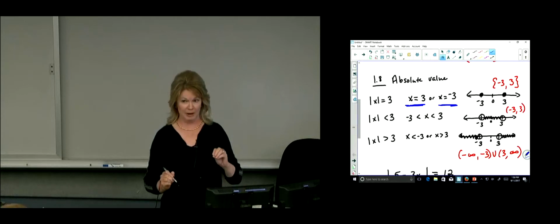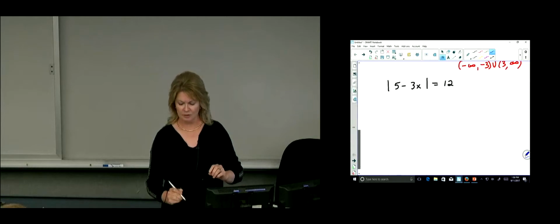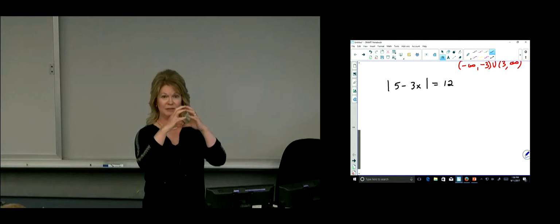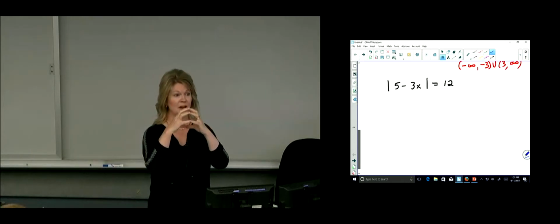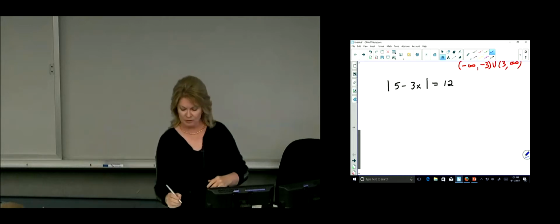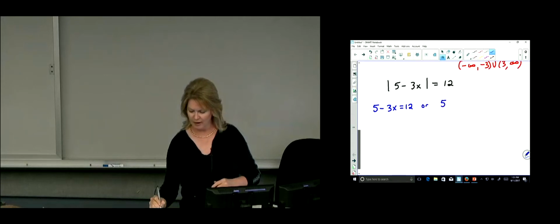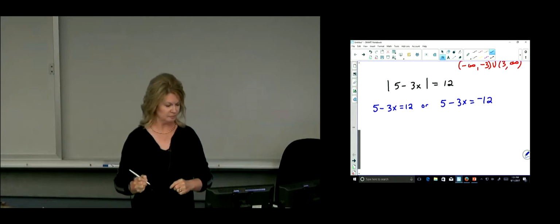Either it was equal to the +3 or it was equal to the -3. So you see, this absolute value will be true if all that stuff that's inside is equal to 12, it makes it true. And if all that stuff that's inside is equal to -12, it's also true. So I have two situations. 5 minus 3x equals 12, or 5 minus 3x equals -12.